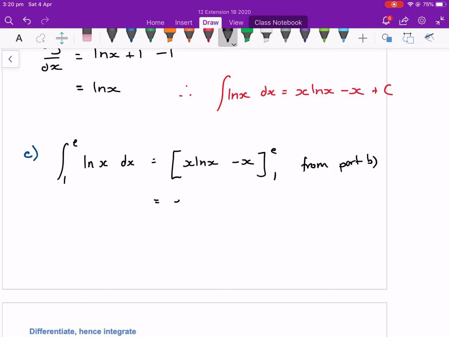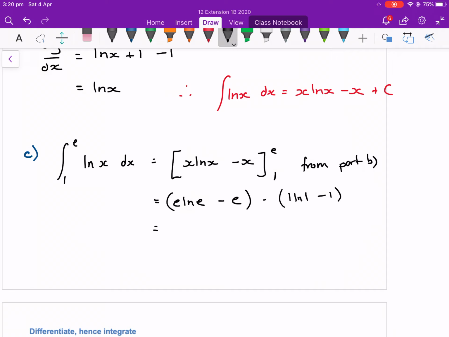Now, that is equal to e ln e minus e, minus 1 ln 1 minus 1. Okay, so a few exact values here.